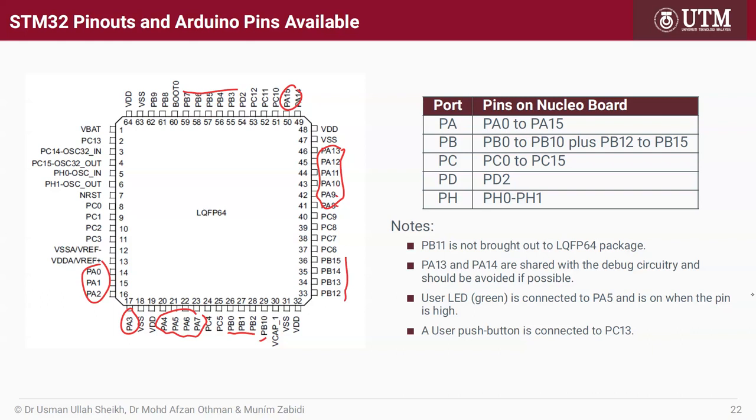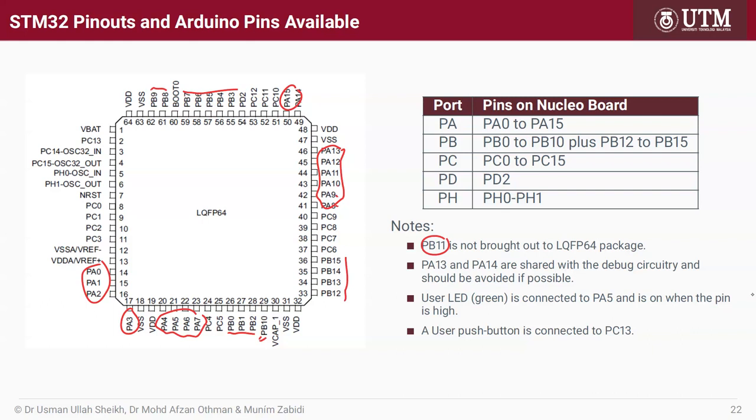Okay, 8 and 9 here, and then we have 10. PB11 is not available, not even on the chip, so it's not on the Arduino. So PB has only 15 bits. For PC we have everything, so we have 16 bits for PC.